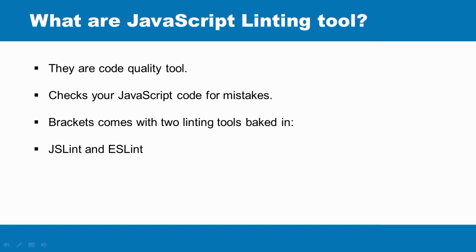If you are a beginner programmer in JavaScript, using linting tools will help you become a better programmer, because it will help you catch a lot of common mistakes that will help you improve on your JavaScript code.